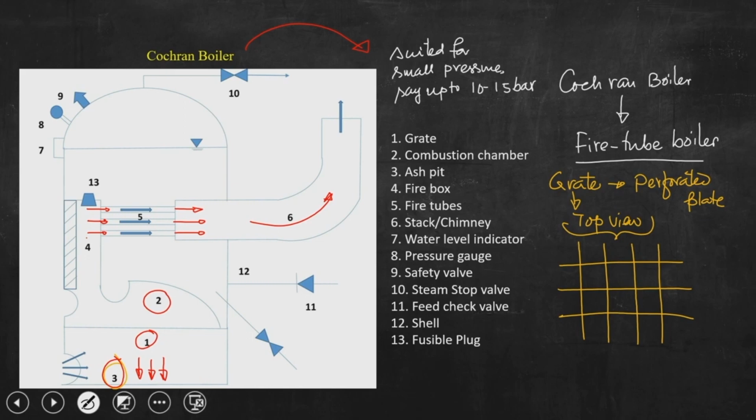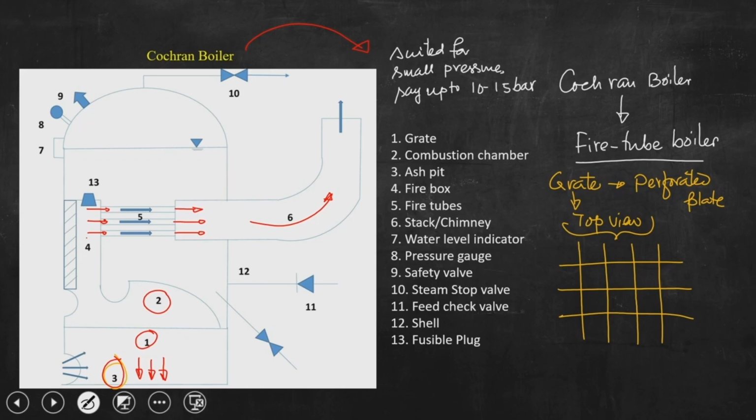So two things we have discussed till now. First of all, we cannot produce superheated steam using a Cochran boiler. The reason is that the steam which is produced is in equilibrium with the water, so the steam we get from this boiler is always wet steam.